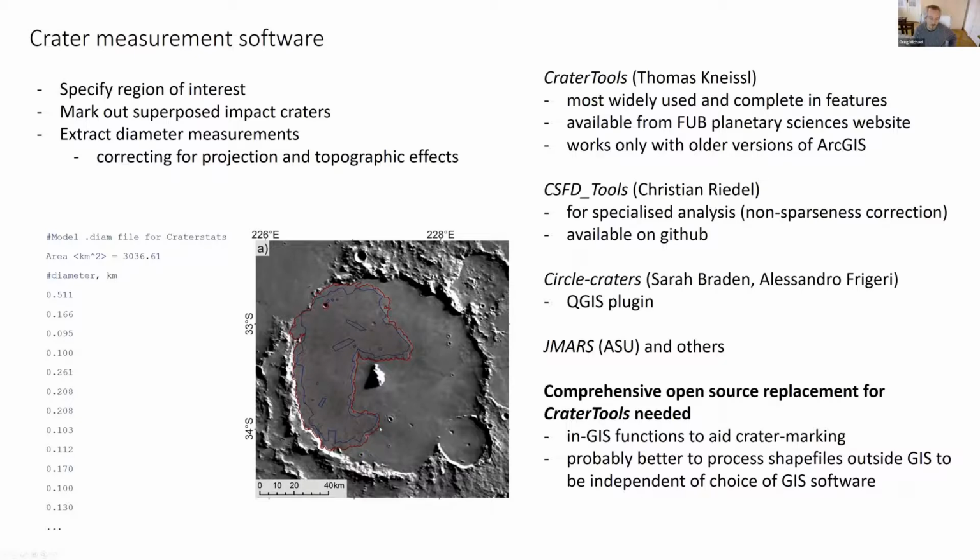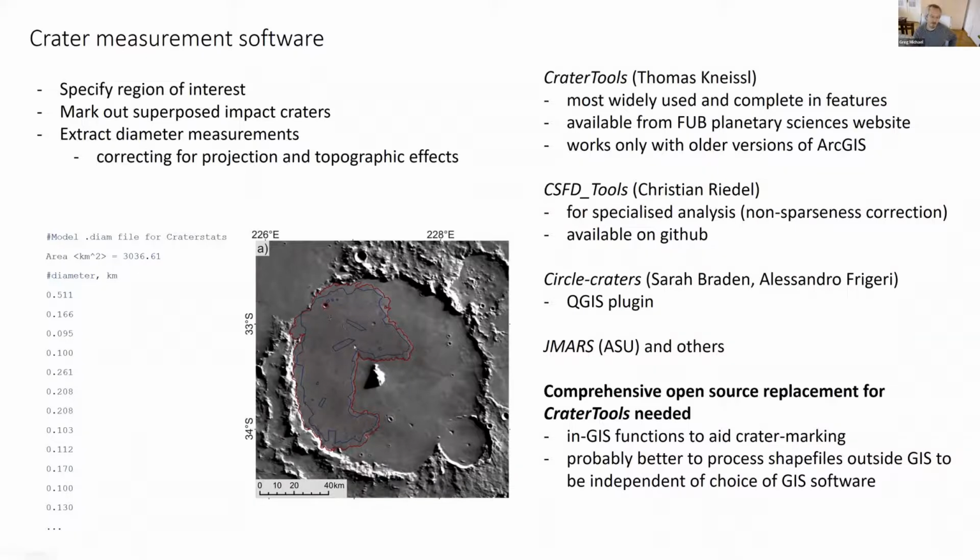The lava flow front has been mapped out in red here, and we've drawn a blue unit inside this red one, which maps out the area that we're going to count craters in. Typically we try to avoid steep slopes, which would be what you see at the boundary of a lava flow front, because you can have slope degradation effects that reduce the population there. So we prefer to count on a flat surface.